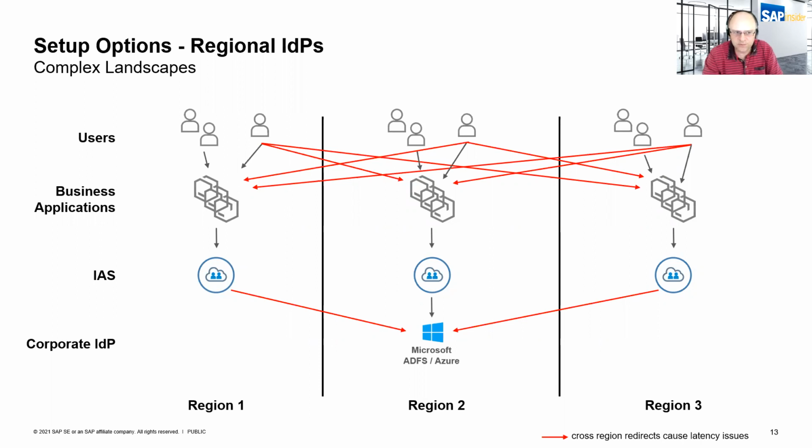So the majority of users works in regional systems with local access. And in such a scenario, of course, when we have to consider latency for authentication, a local identity provider is beneficial in order to avoid latency. Yet still, the question is, what does it mean for single sign-on?